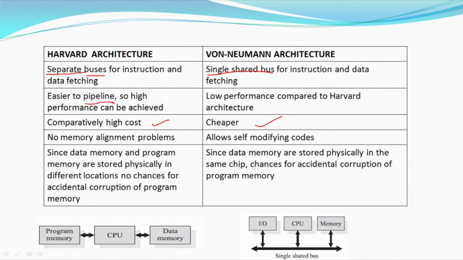Now here, since data and instructions are stored physically in different locations, there are no chances of accidental corruption. So the problem we see here is not seen there. Since data and instructions are stored physically in the same chip, there are chances of accidental corruption. So that's all about the difference between Harvard and von Neumann architecture.